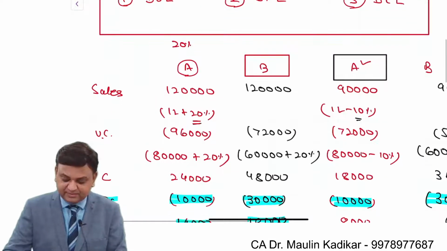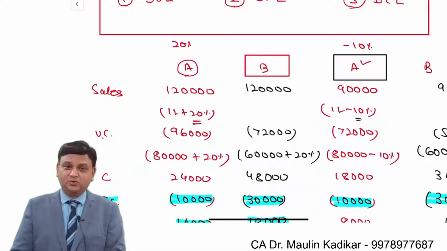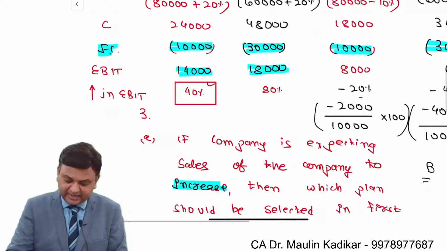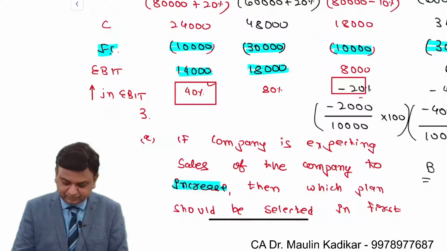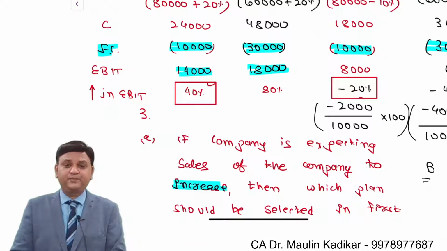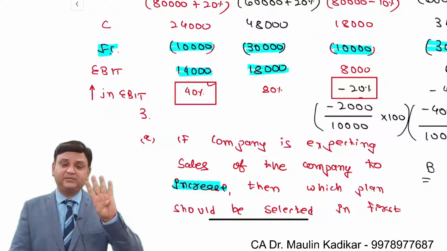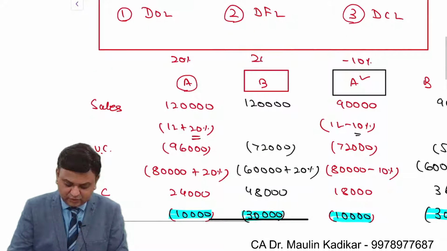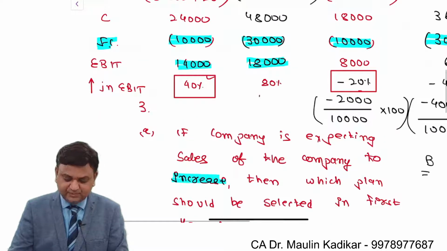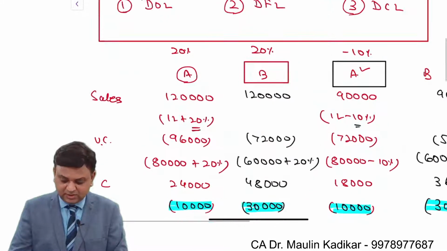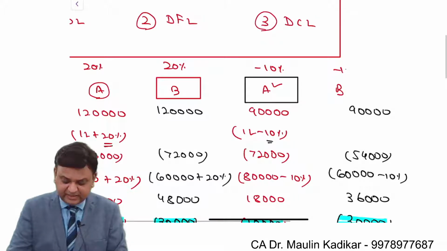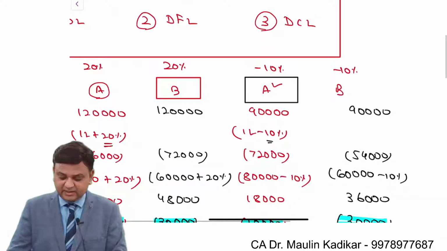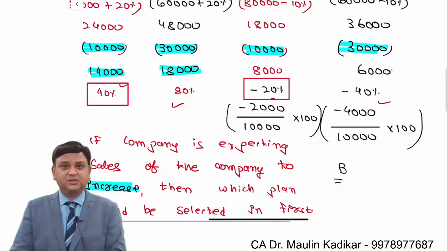When sales of company A reduce by 10%, so 10% into 2, this reduces by 20%. For plan B, the degree of operating leverage is 4. So 20% into 4, that comes to 80%. Then over here, negative 10% into 4, that comes to negative 40%.